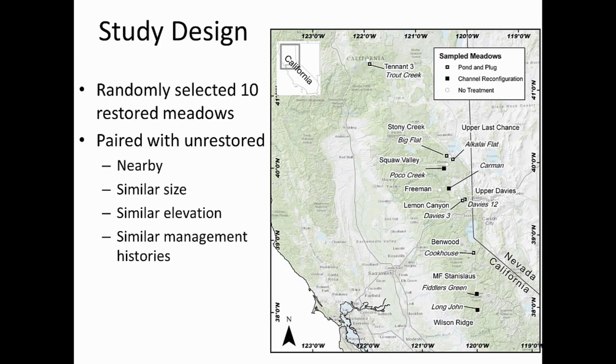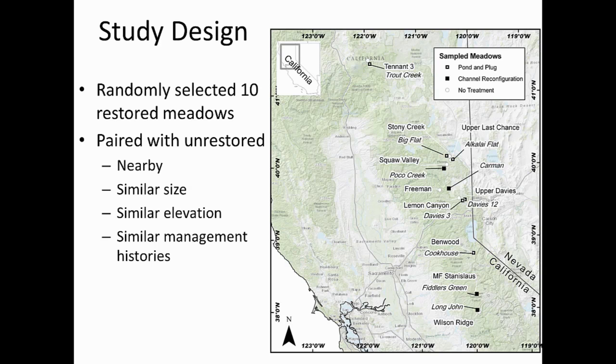We got several meadows across the Sierra Nevada, up in Shasta, and we tried to pair them as well as possible and focused on Forest Service lands so that they have a similar management history.